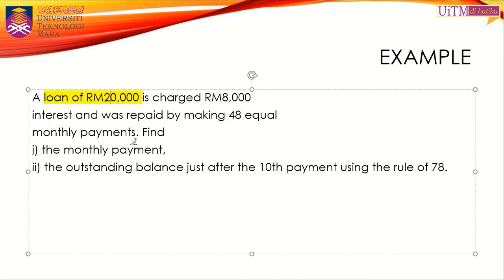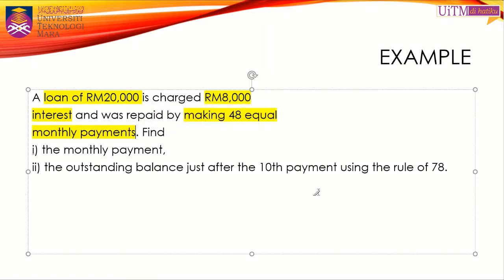So you know that B is equal to 20,000. And then you have another value here, 8,000, which is the interest. In other words, we can say that the capital letter I is equal to 8,000. And it's also said that this loan has to be repaid by making 48 equal monthly payments.